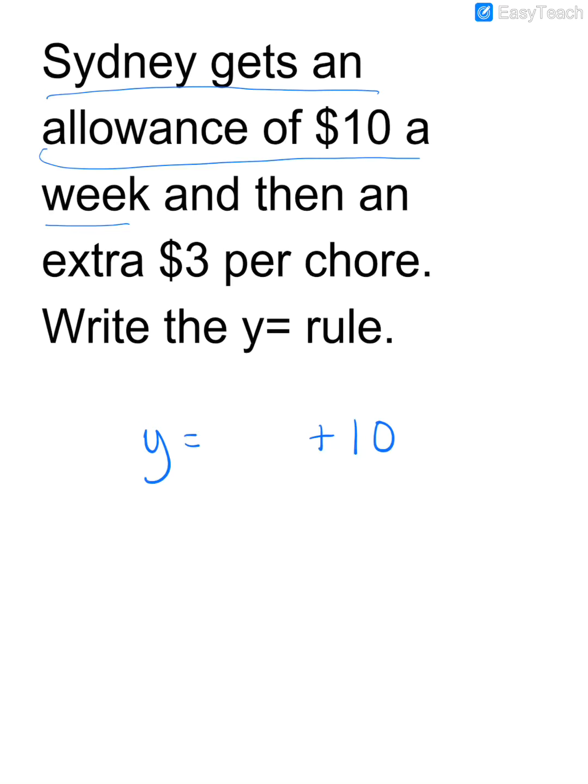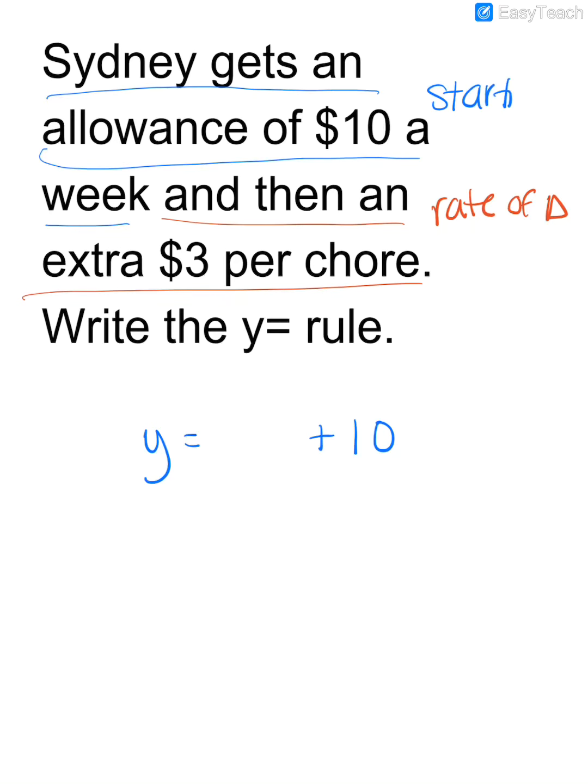So that right here is our rate of change. Okay? And up here, we have our starting point. So, $3 per chore, and then we can write that as 3x.